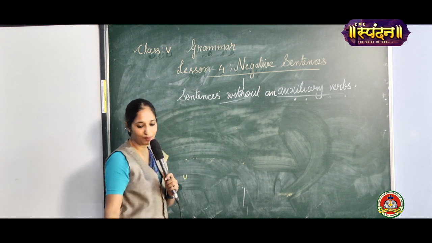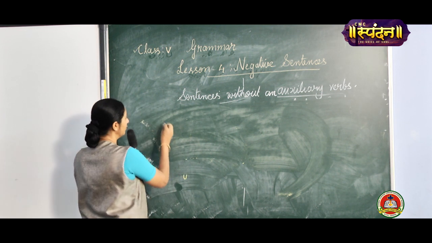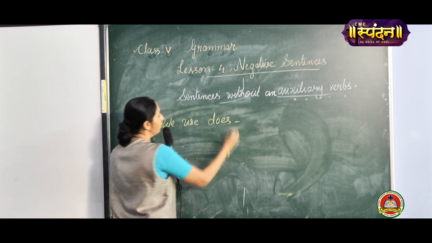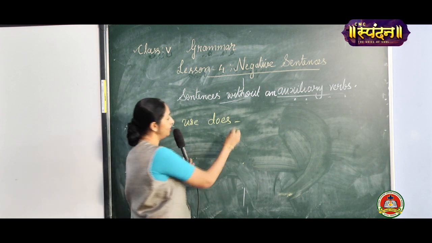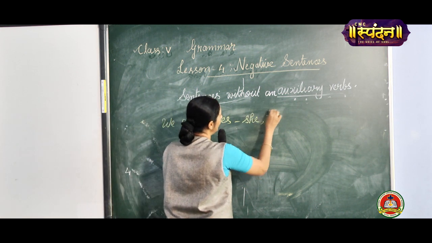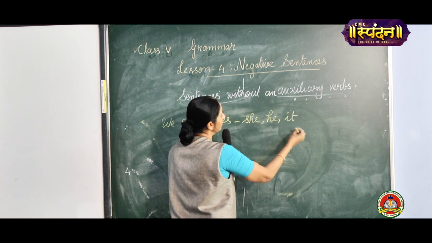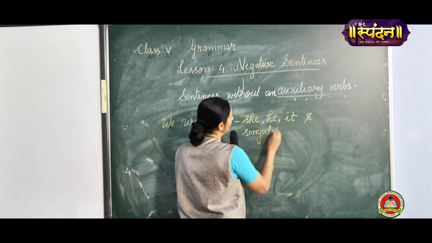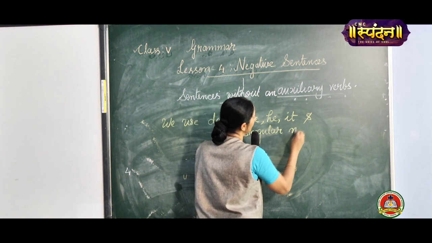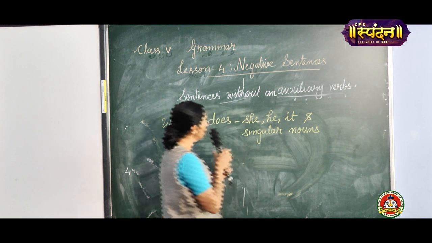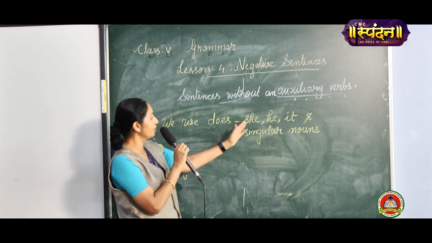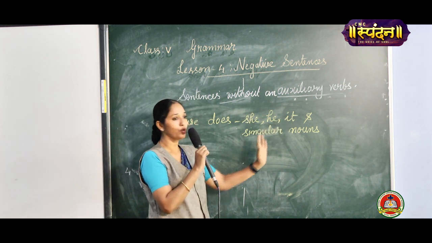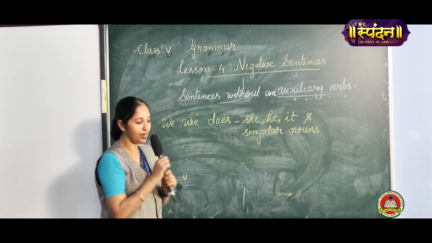Still, I would like to explain that. So we use does with she, he, it and all the singular nouns. So we use does with third person she, third person he, third person it and with all other singular nouns.